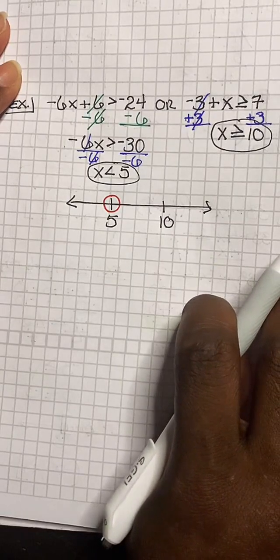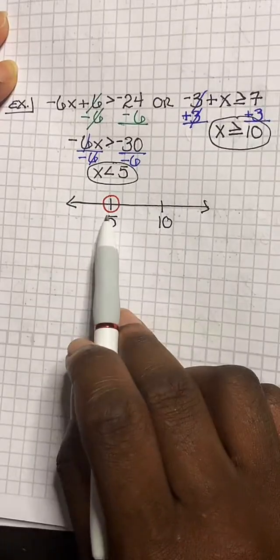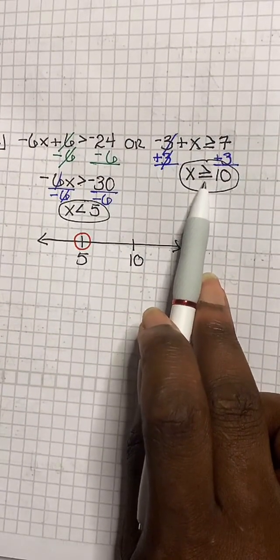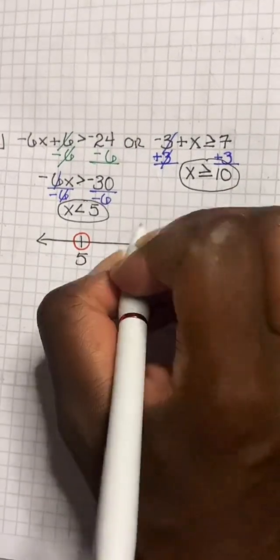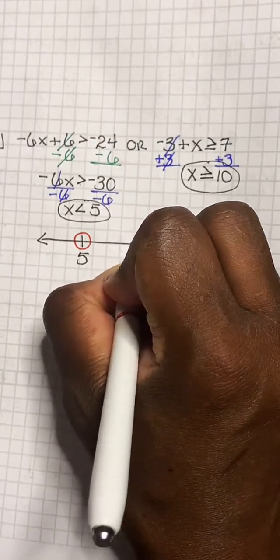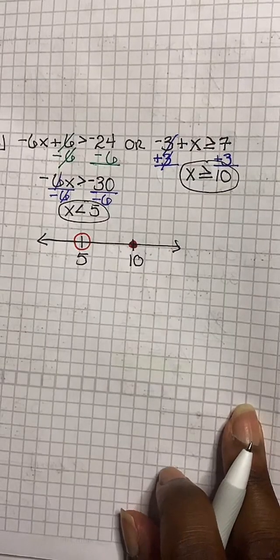Closed. There we go. But since there is a line underneath, yes, it's going to be closed.